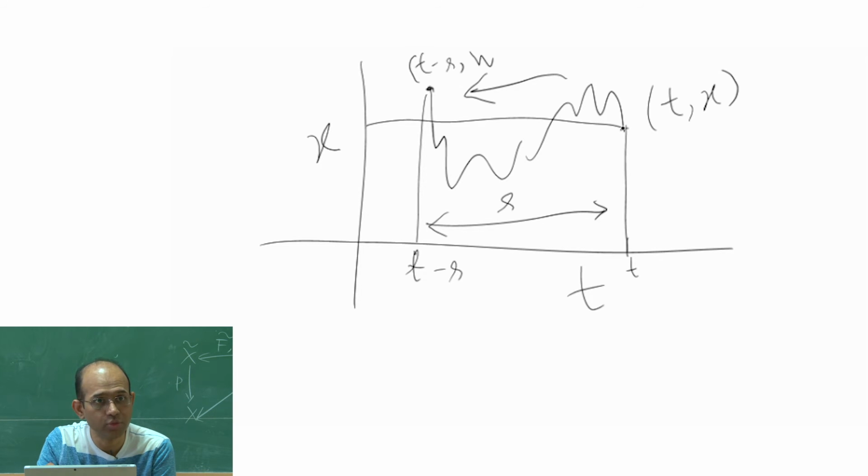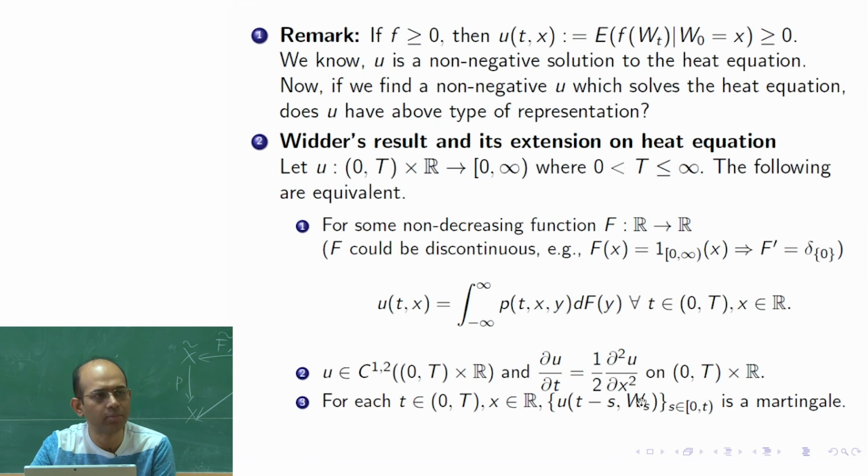Here this position is w0 and this is ws, okay. So at this point you evaluate the function u, so u(t minus s, ws).